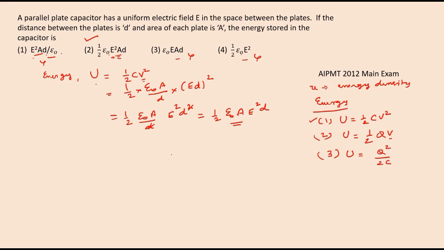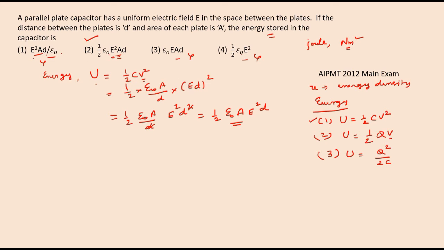You check with units. What is asked? Energy stored. You know energy is joule unit, or Newton meter, of course. Because we are discussing units here, you can even consider Newton meter. So you just check the units of option 1, 2, 3, 4.